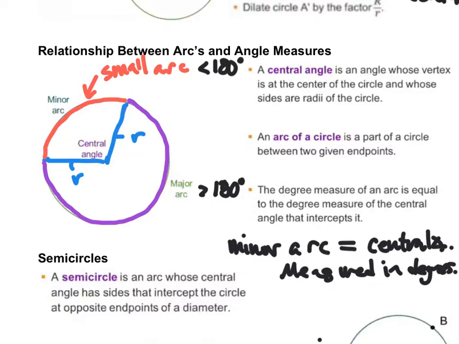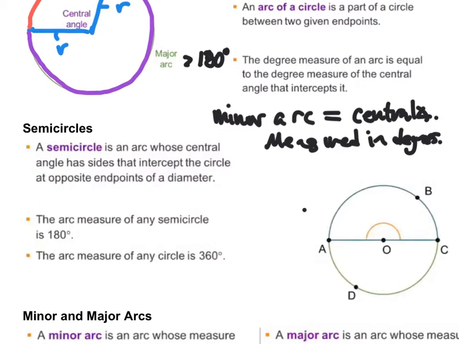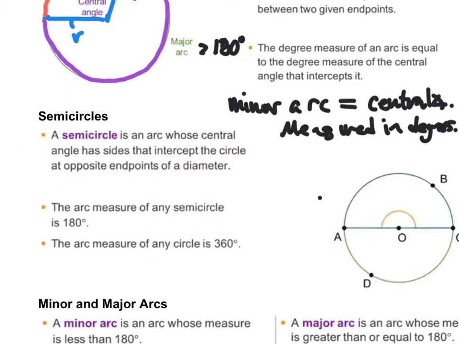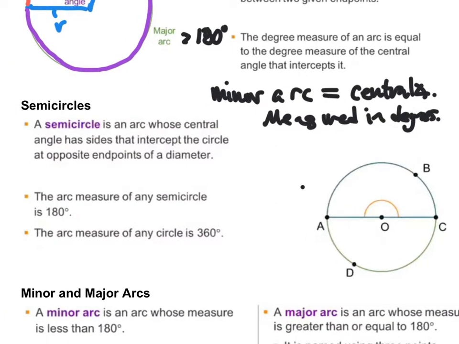All right, let's take a look at what a semicircle is. A semicircle is where you have an arc that is 180 degrees, where your central angle makes up 180 degrees. So when this angle here is 180 degrees, this arc measure here is also 180 degrees.